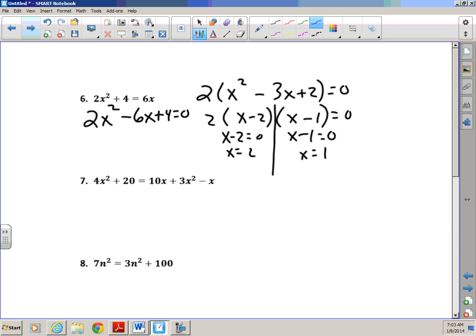Now, I got to clean this whole thing up. You want to try to keep the x squared positive, so I'm going to get rid of that x squared. I'm going to add that x. I'm going to subtract that 10x, and I'm going to do the same thing on the other side.